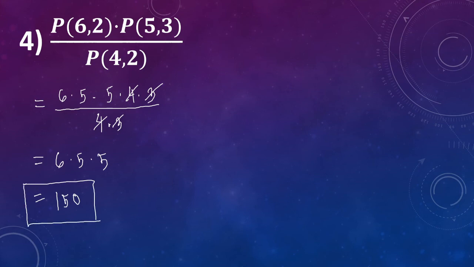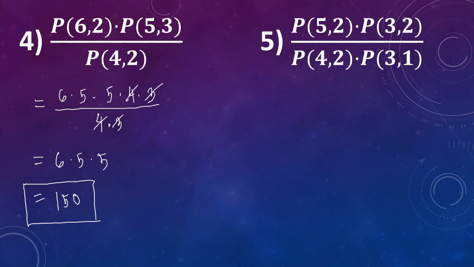Next, number 5. So in number 5, we have permutation of 5 taken 2 at a time times permutation of 3 taken 2 at a time all over permutation of 4 taken 2 at a time times permutation of 3 taken 1 at a time. Okay, so dito sa number 5, just like what we did in the previous examples, so yung permutation of 5 taken 2 at a time can be considered as 2 consecutive factors starting with 5.